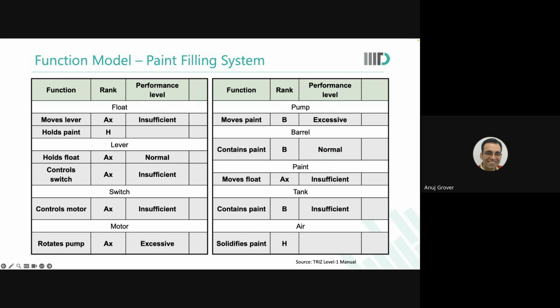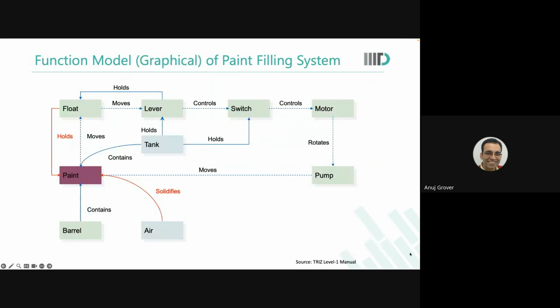So now that is the tabular formation of a function model, but we are more visual people. So we make the function model like this. And now we have color coding also. Harmful functions we use red color. Okay.